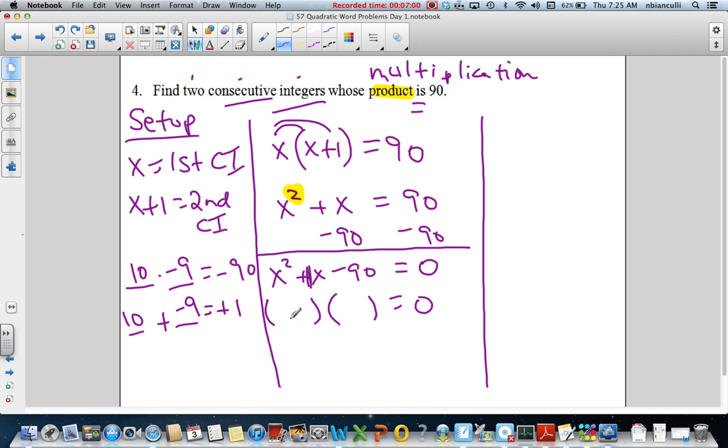So this is x plus 10 times x minus 9 equals 0. And then we will use our t-chart. So you have x plus 10 equal to 0 and x minus 9 equal to 0. And therefore x could be negative 10 or x could be 9.